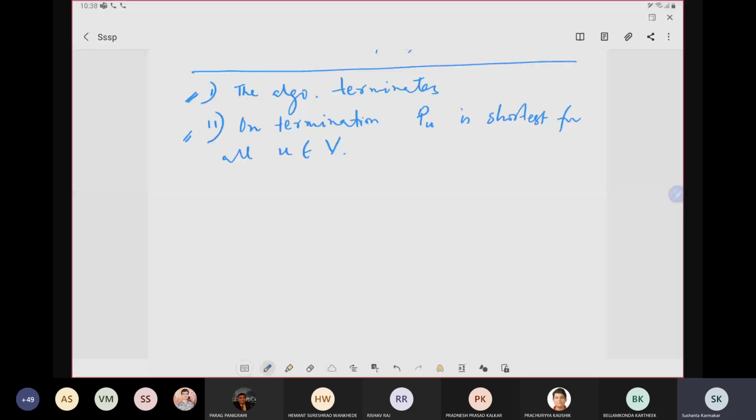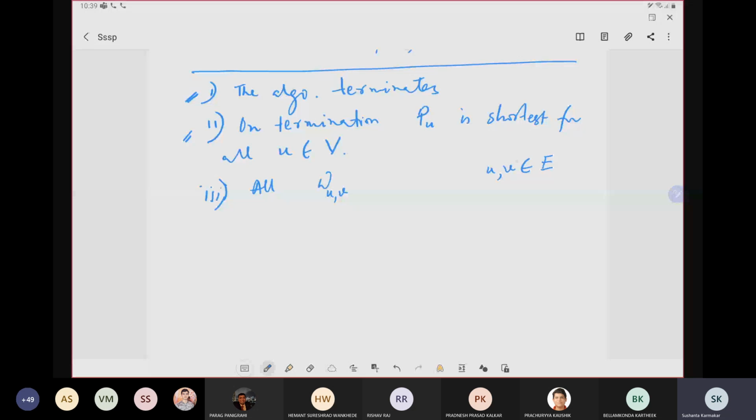One important thing that is often asked is we assume that all weights, the weight WUV, when UV is an edge, we assume that this is non-negative.